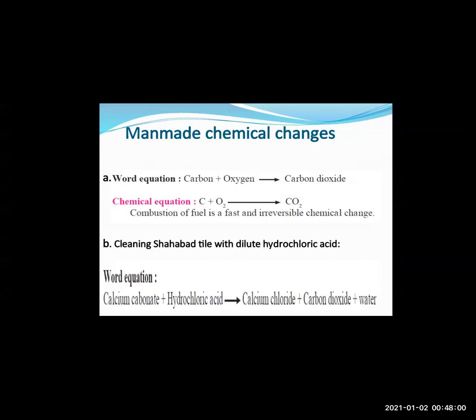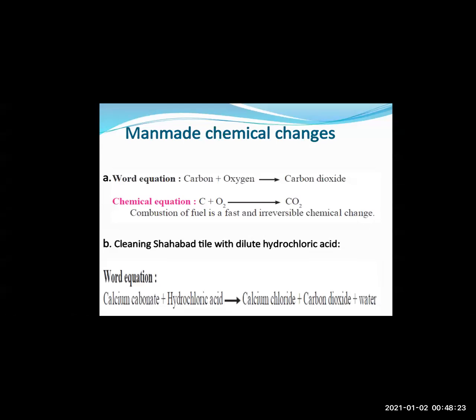So whenever there is combustion, what happens? The carbon reacts with oxygen to form carbon dioxide. How will you represent it? Carbon means C, oxygen means O2, and when the reaction takes place, you get CO2.